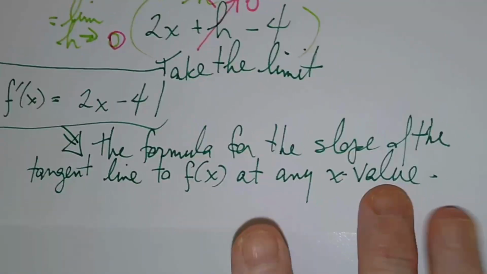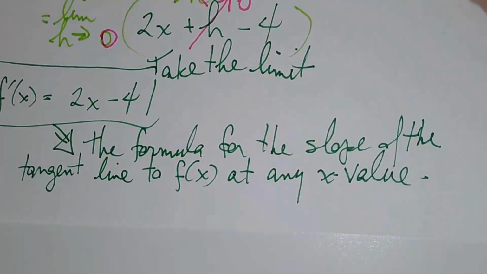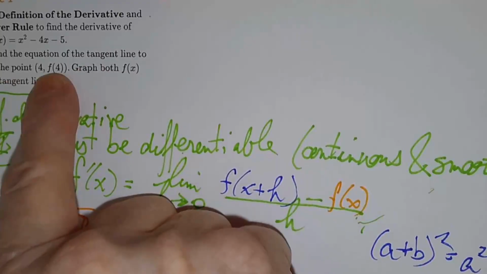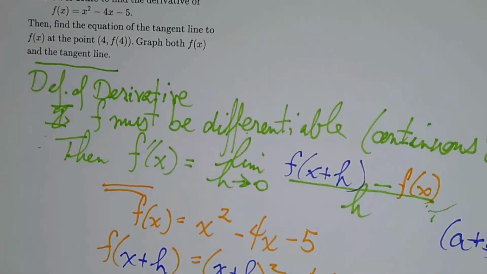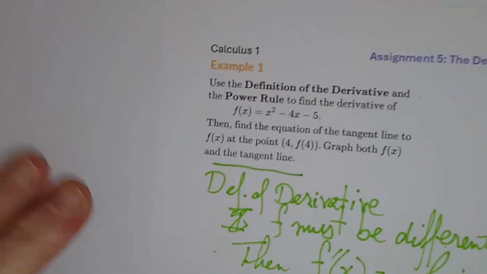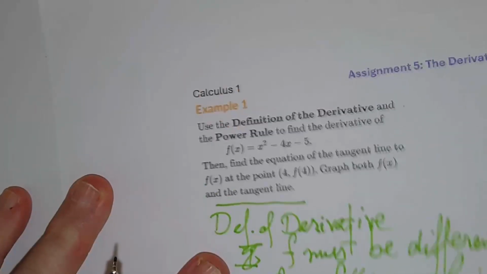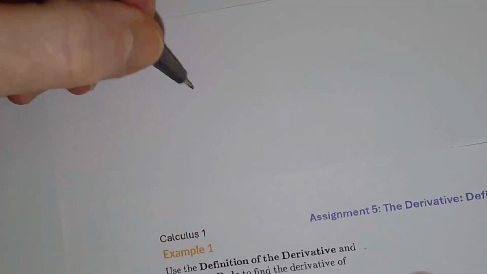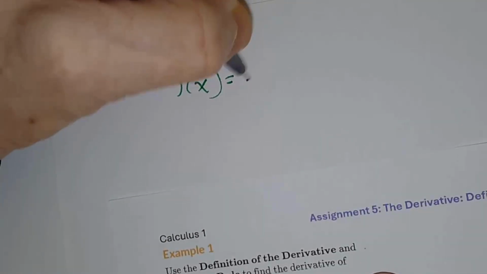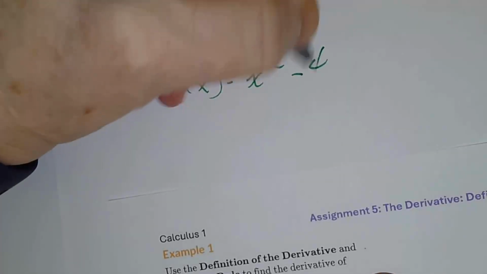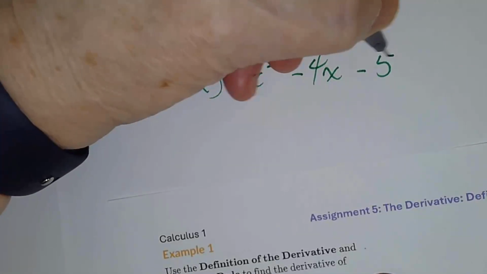Well, the x value that we care about in this problem, they tell us that we care about the x value 4. So let's see. Let's write down what we know. We have f of x is x squared minus 4x minus 5.